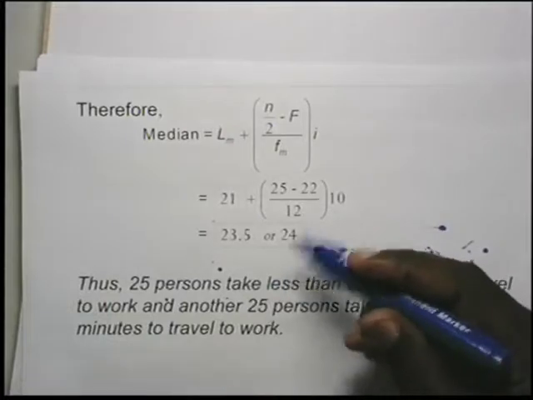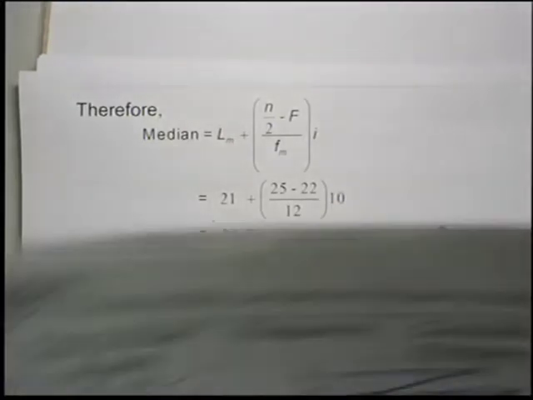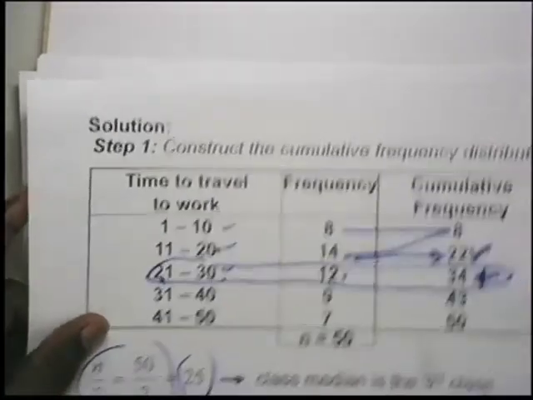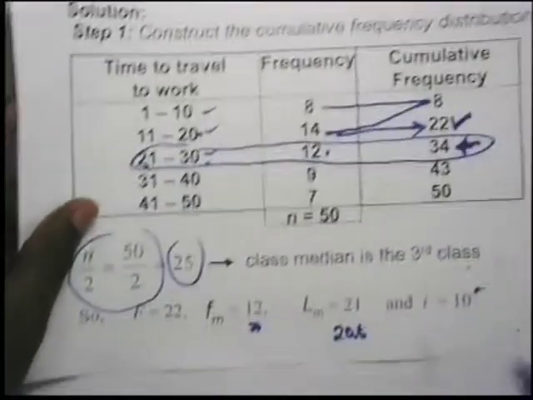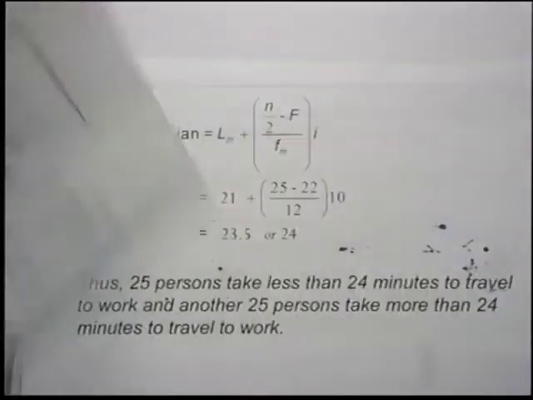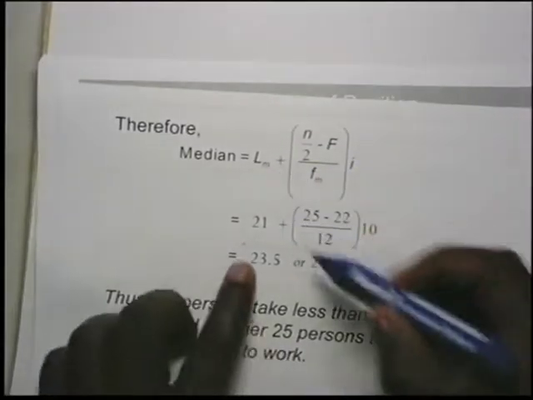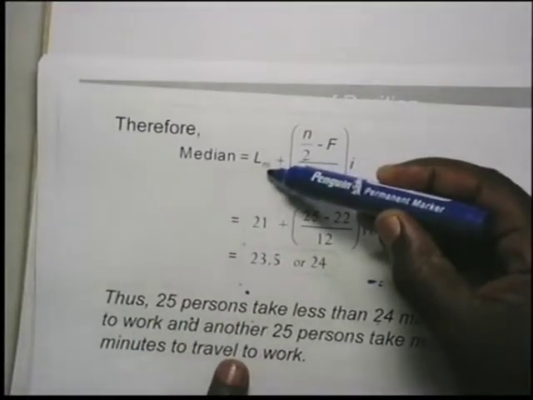From our variables, these are the variables we are taking here. So we're taking F equals 22. LM, we know it's 21, so we substituted 21.